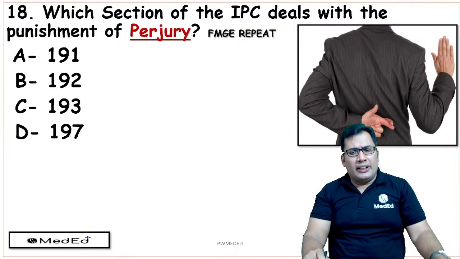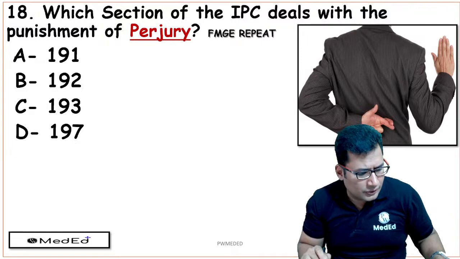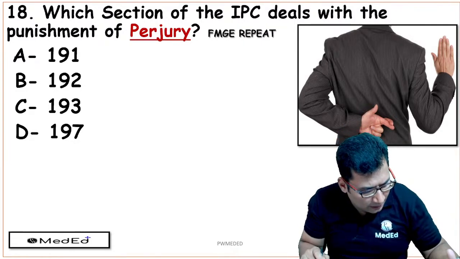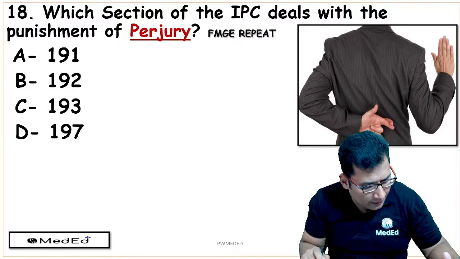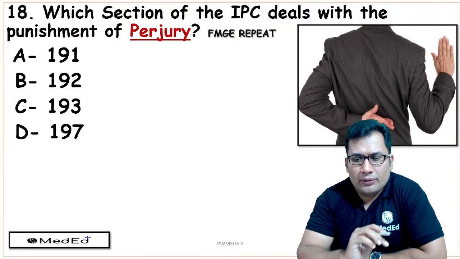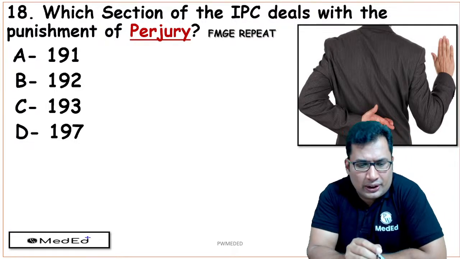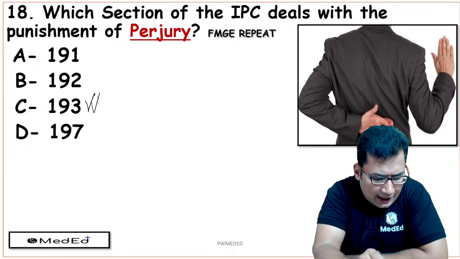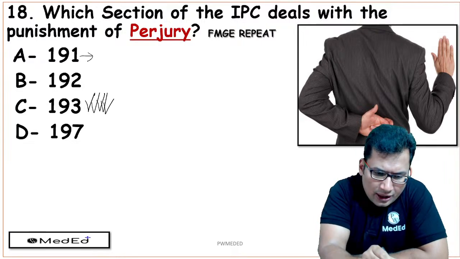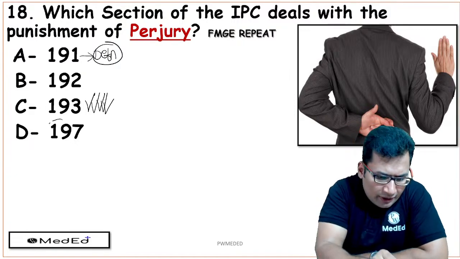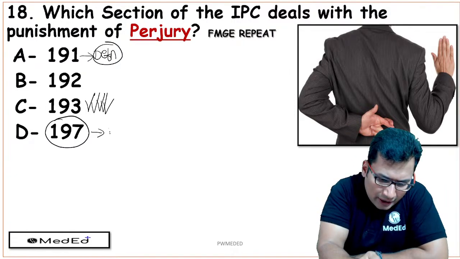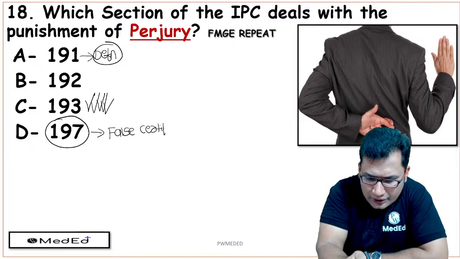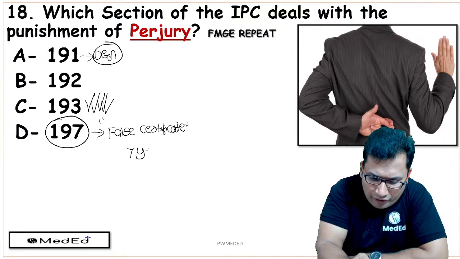Which section of the IPC deals with the punishment of perjury? We already discussed it. Try this. Punishment means 193 IPC. The definition comes under 191. 197 is giving a false certificate, and the punishment is 7 years of imprisonment.